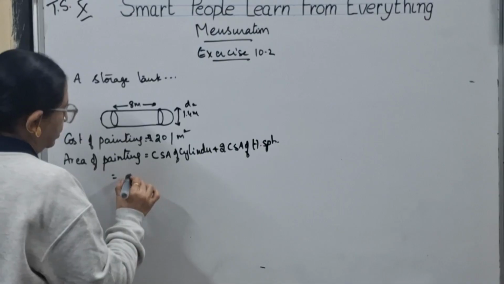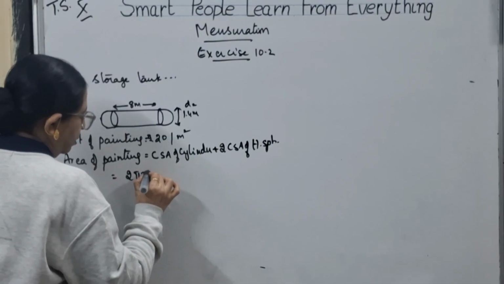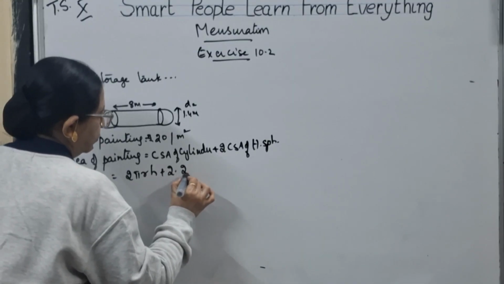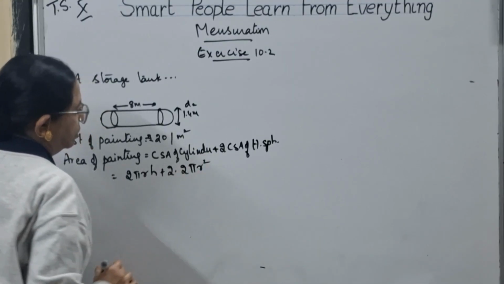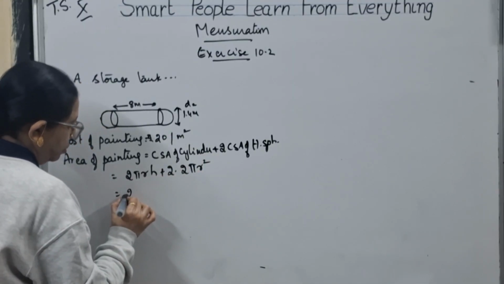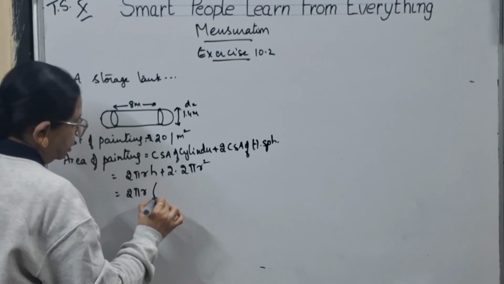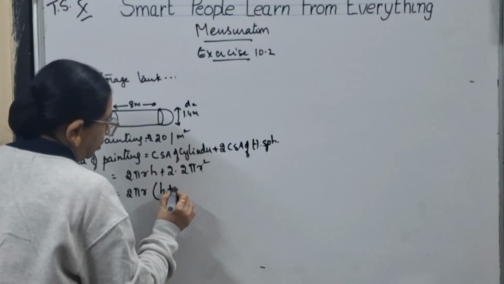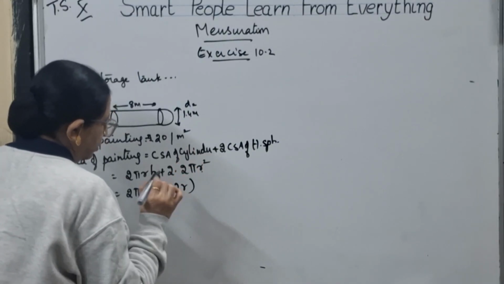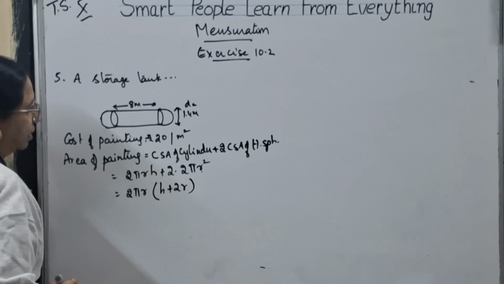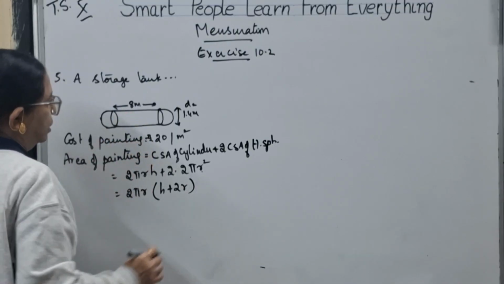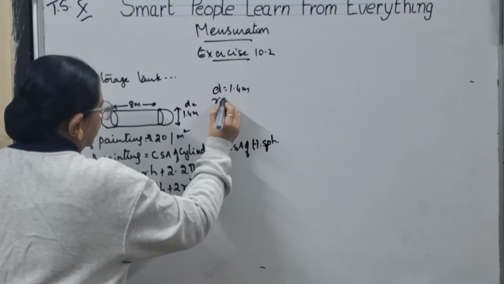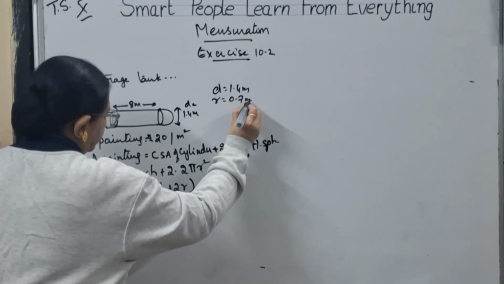So what is the CSA of the cylinder? 2 pi r h, plus 2 into CSA of hemisphere, 2 pi r square. In these two, 2 pi r is common, into h plus 2r. Here height is 8, diameter is 1.4 meters, which means radius is 0.7 meters.